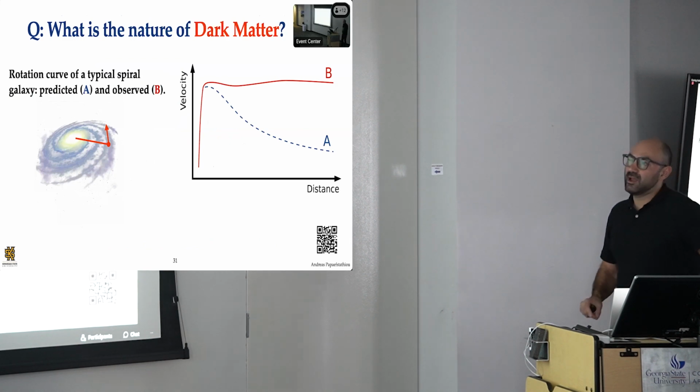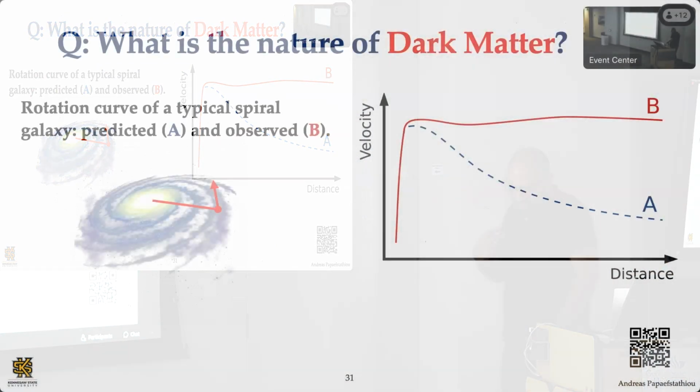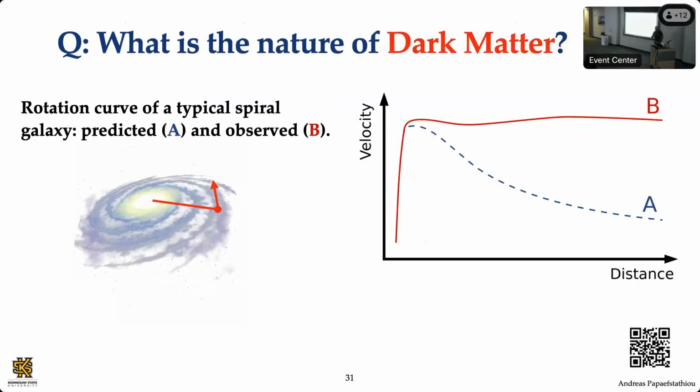The last one, which I won't discuss in detail here but I'll just hint at how it could be connected to this story, is related to dark matter. One way that we know it exists is through the rotation curve, the velocity of stars around the galactic center of a typical spiral galaxy.